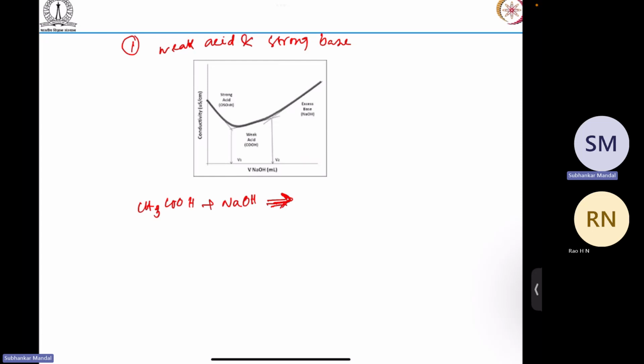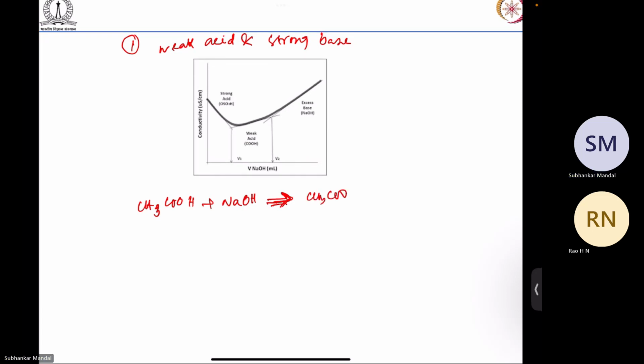It comes like this. Because in the weak acid, what is there? So this is a strong acid and weak acid mixture.